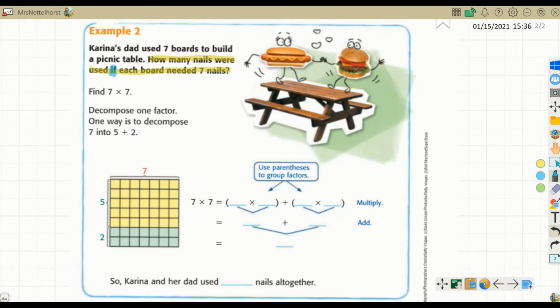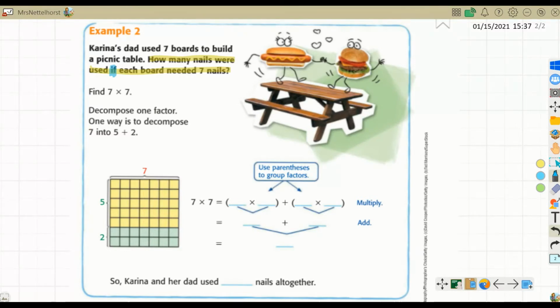So Karina's dad used some boards to build a picnic table. If each board needed some nails. Okay, so now in my imagination, I know I have some boards, and I know that each board needs some nails. So now I'm going to read it with the numbers to see how many of those it needs. Karina's dad used 7 boards to build a picnic table.